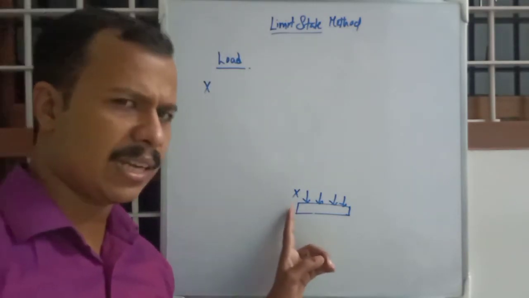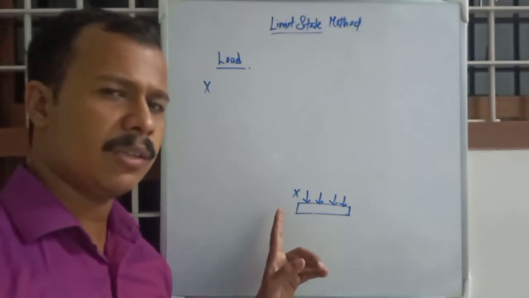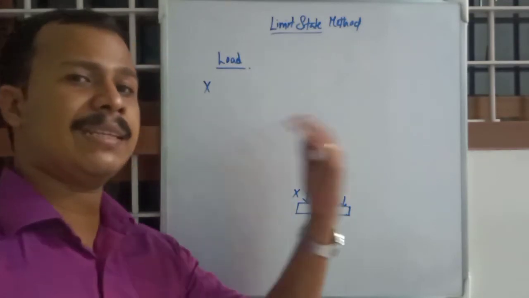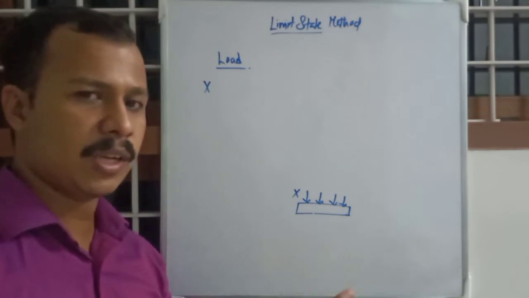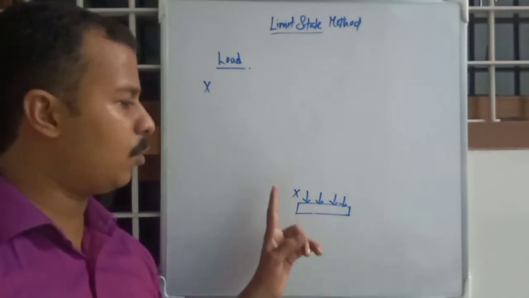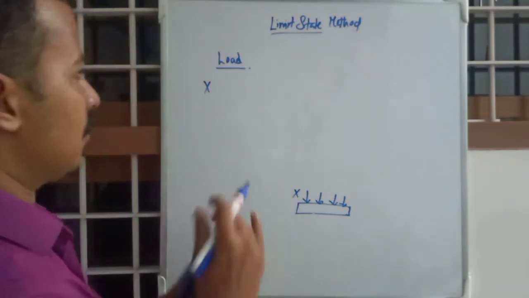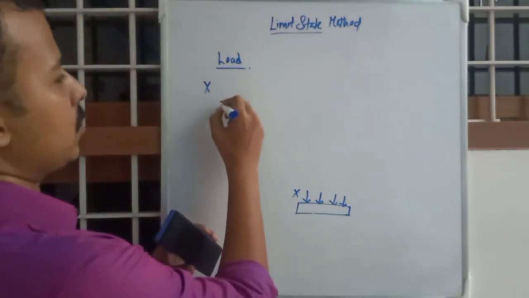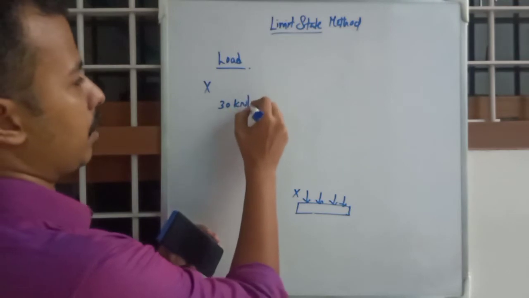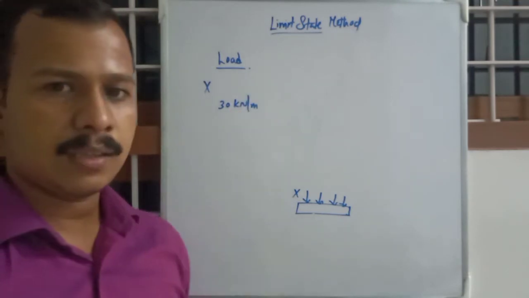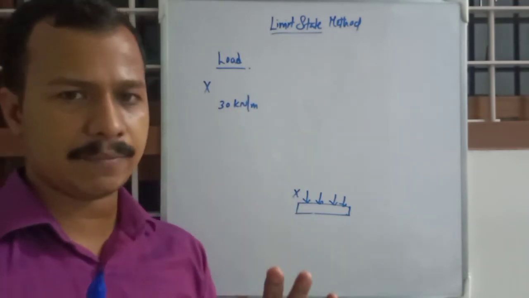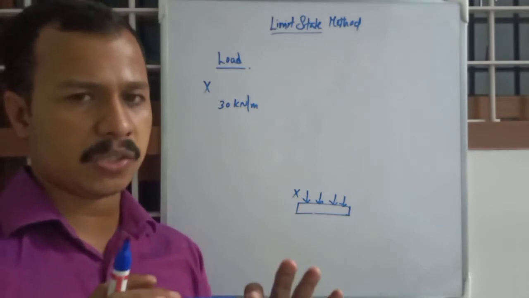Will you just design it for X, or will you design for a value greater than X? Obviously, we will design for a greater value. For example, the load is 30 kilonewton per meter. That is the maximum load it could attain, according to our probability study.